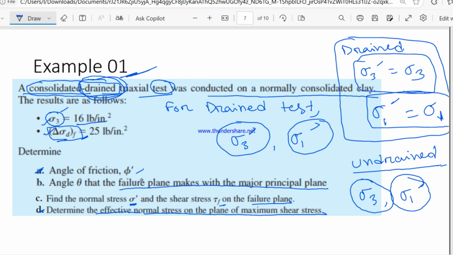Given that sigma 3 equals 16 pounds per inch square, determine the angle of friction phi prime.